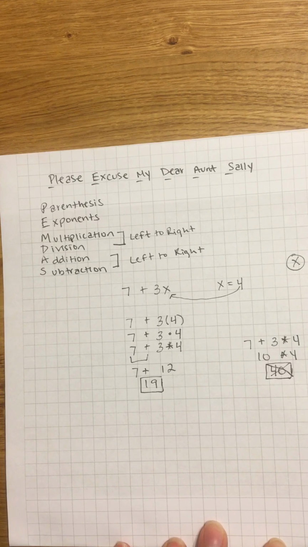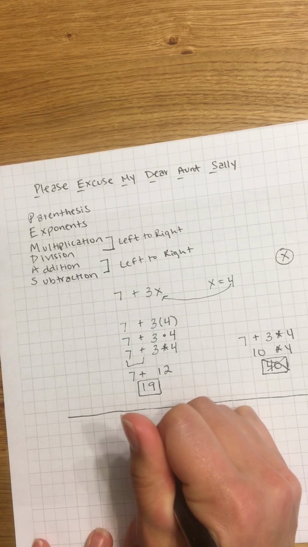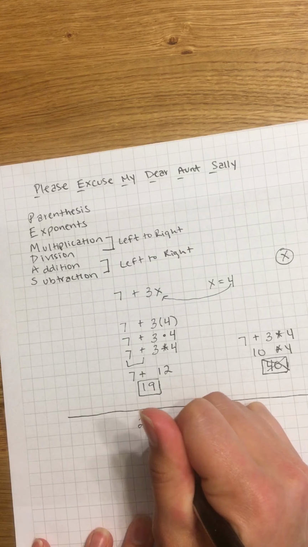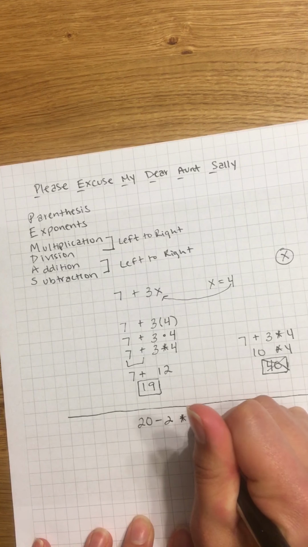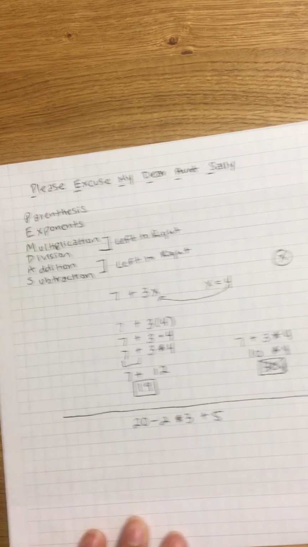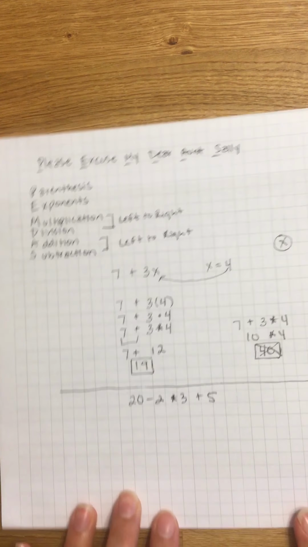So next, let's solve an equation that's a little bit more complicated. We're going to consider the equation 20 minus 2 times 3 plus 5. So again, go back to your PEMDAS. Parentheses. There are no parentheses in this equation. Exponents. No exponents.